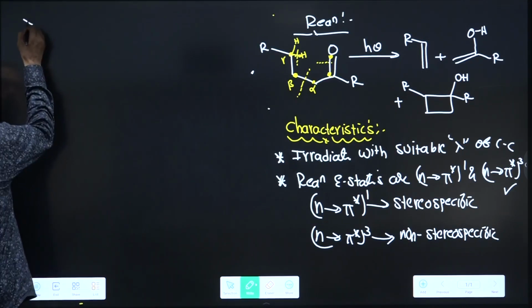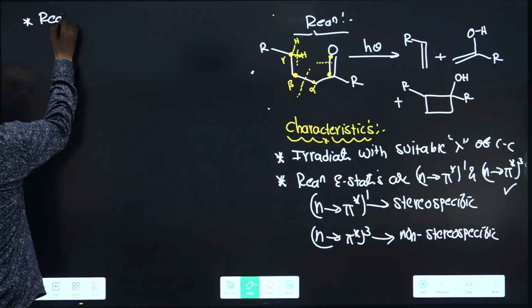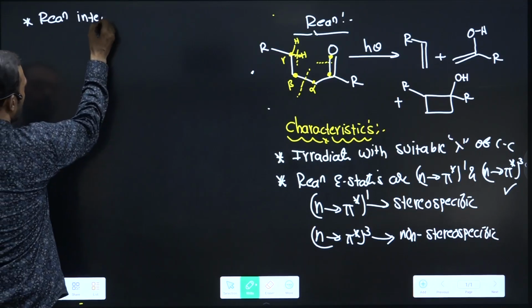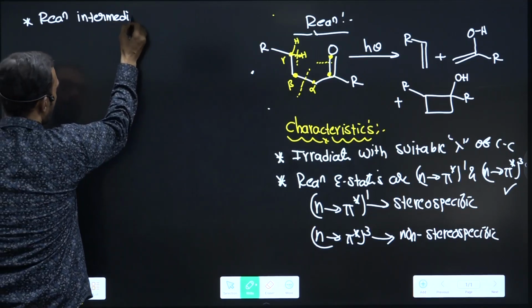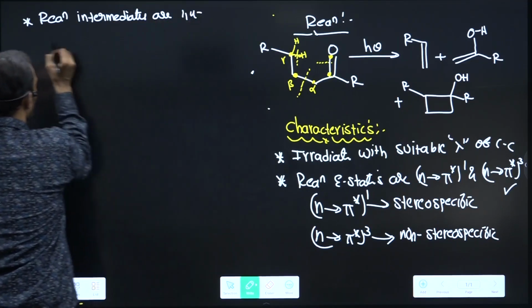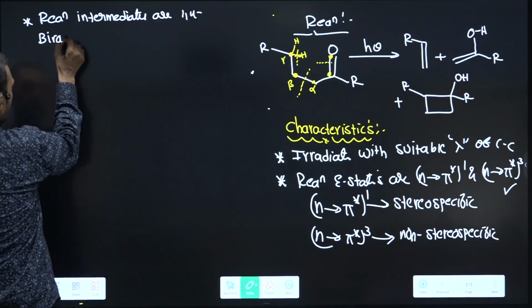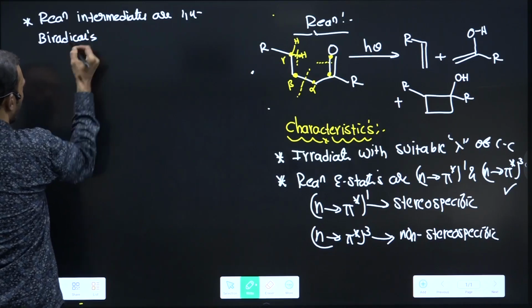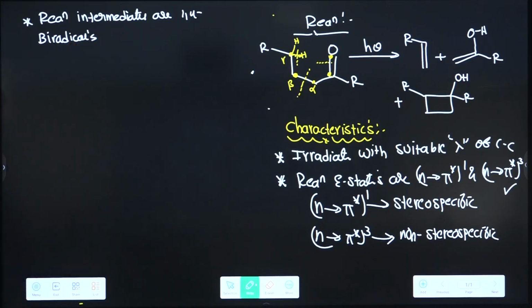Then the reaction intermediates are 1,4 biradicals. Reaction intermediates are 1,4 biradicals.